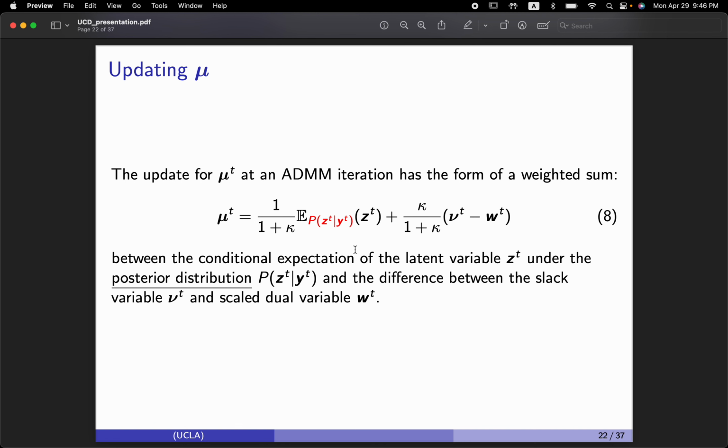Here I just want to point out that the conditional expectation is evaluated at the posterior distribution. And later we will talk about how we can draw samples from this posterior distribution to approximate this expectation.